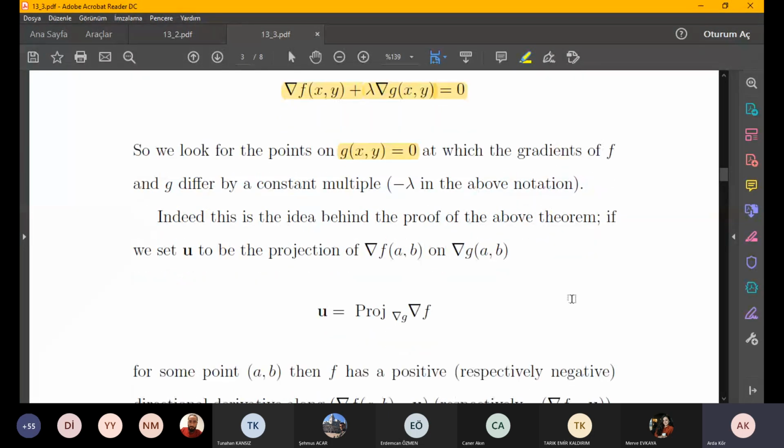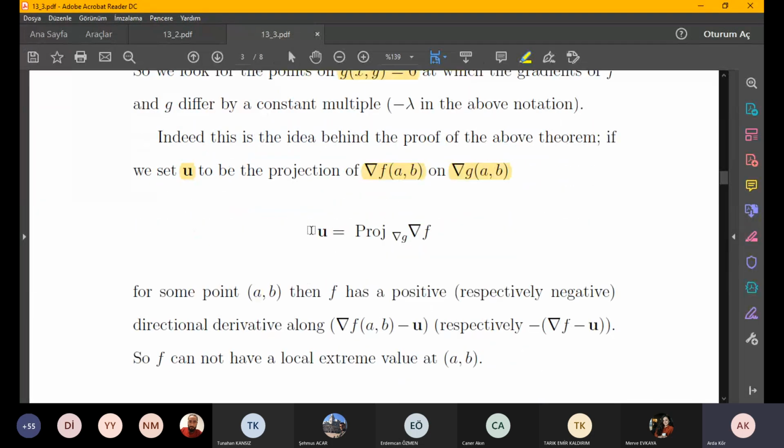If we let u be the projection of the gradient vector of f at (a,b) on the gradient vector of g at (a,b), defined for some point (a,b), then f has a positive directional derivative along the gradient of f at (a,b) minus u.